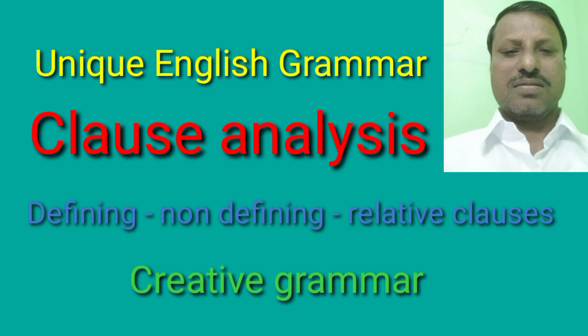This relative clause gives more information about a noun. It describes a noun or a pronoun. So, most of the relative clauses are adjective clauses because they modify a noun or pronoun.